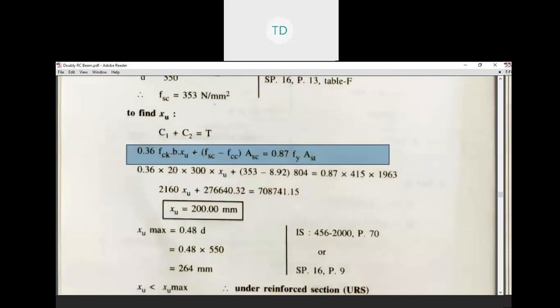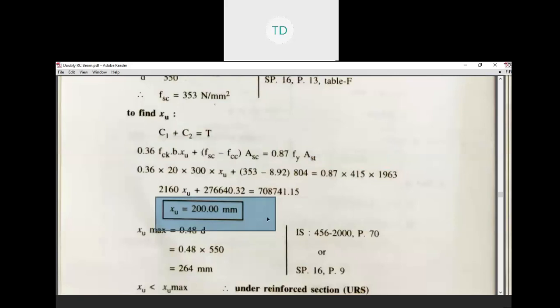In this equation, we have all the data except xu. That's why we pivot xu, take all the data to the opposite side, and we get xu equal to 200 mm.